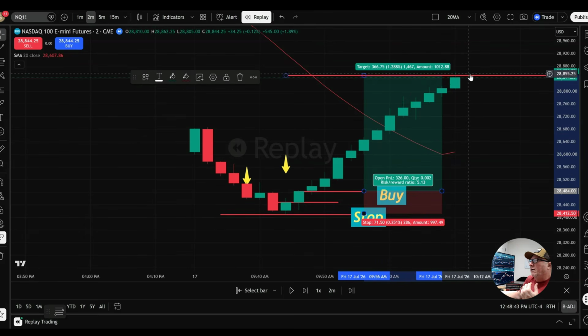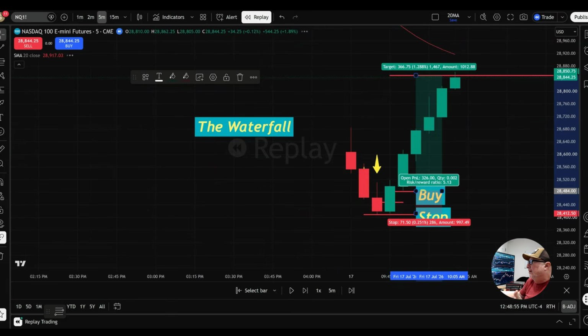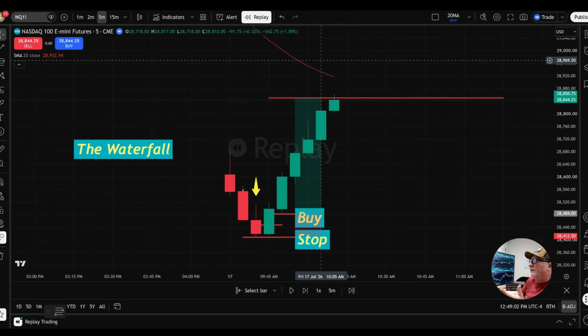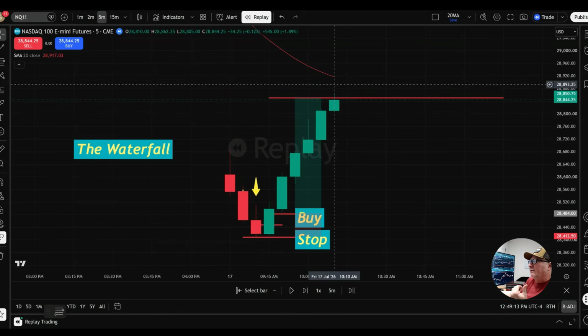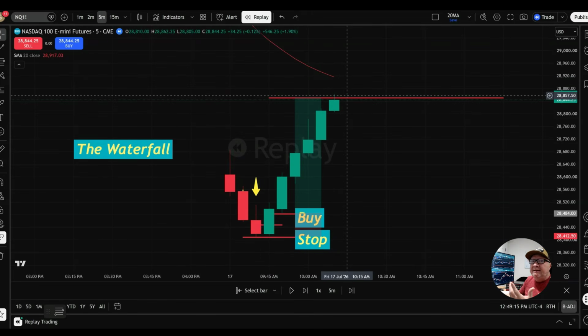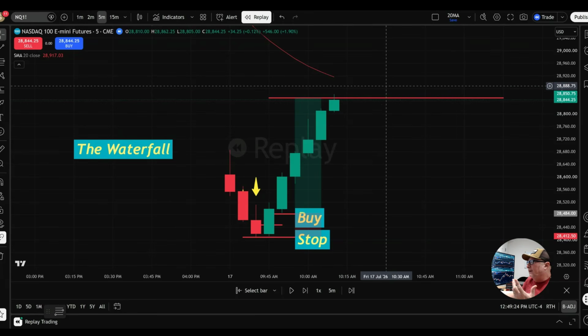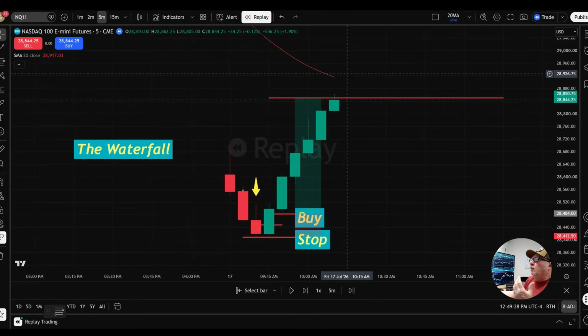So I'm looking for that 20, or about where the 20 is going to intersect on the 5. And I'll flip to the 5-minute to show you exactly where it intersected. What happened was the move, and I'll move this down, here's the 20 on the 5. The move was so rapid that where I thought it would intersect down here around that 28,850 to 28,900, it didn't quite get down there.